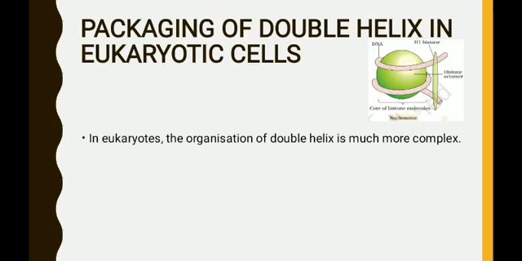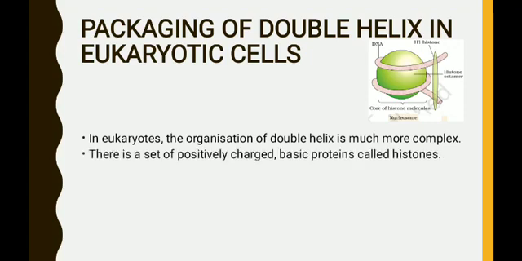In eukaryotes, the organization of the double helix is much more complex. There is a set of positively charged basic proteins called histones. In prokaryotes, proteins are there, but not histone proteins. But in eukaryotes, a special kind of proteins called histone proteins are found, and these histone proteins are positively charged.